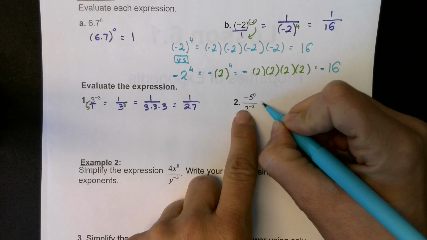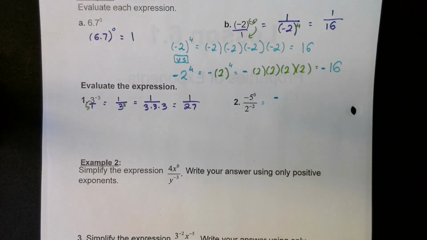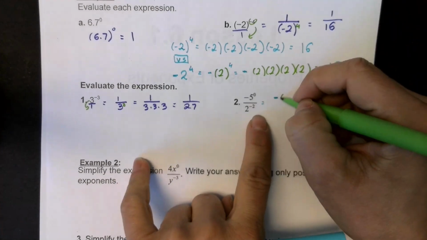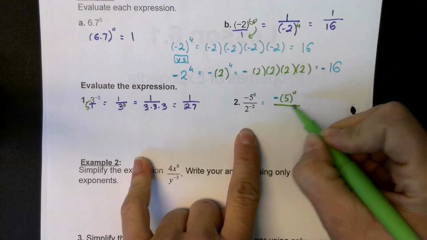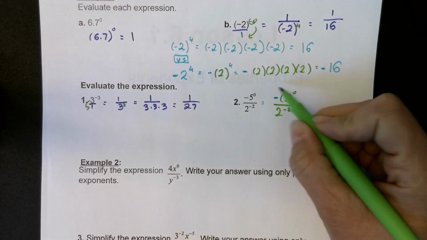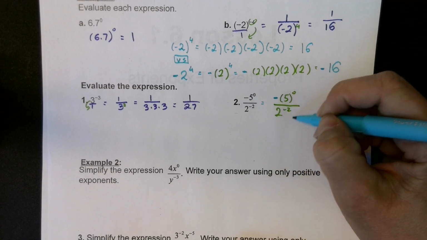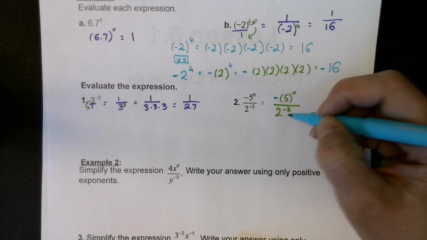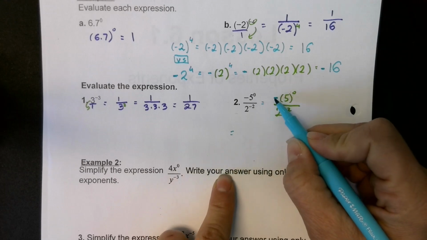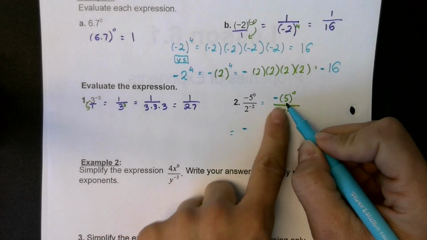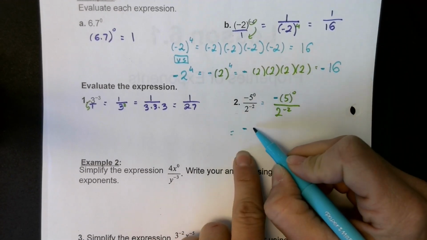So what you really have is negative, and on the beginning, you can write parentheses if you want, if it's easier for you to see. And then divided by, and I'll just copy this because we really looked at the numerator first. So we know we have to move this to the numerator, right? Because that's negative. So in the numerator, we have the negative left. What's 5 to the power of 0? 1, right?